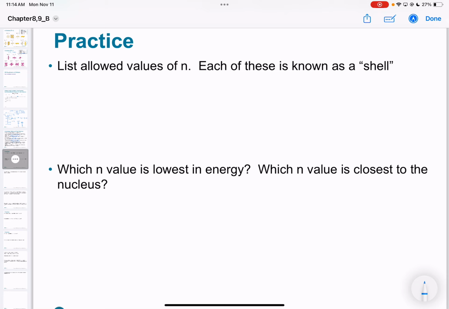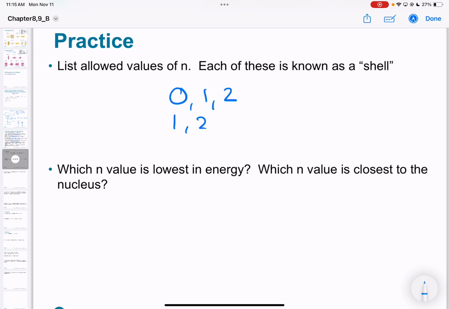Okay, so let me give you how these would be worded as a test question, because any of these I could turn into a test question, okay? So maybe I would say select which list shows the lowest 3 energy n levels. I could say 0, 1, and 2.